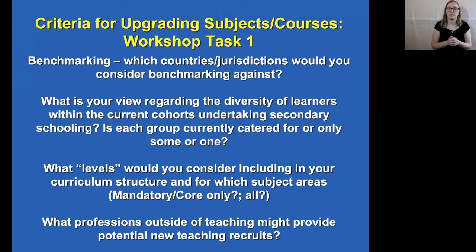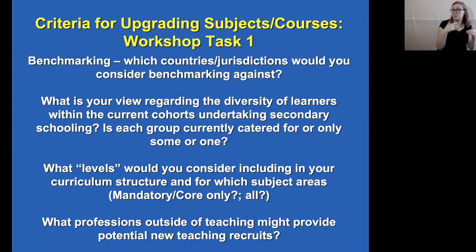What levels would you consider including in your current curriculum structure, and for which subject areas? We talked about mandatory and core earlier, or for all. So, for example, would it be possible to have a basic general music course and an advanced course? In mathematics, would you think it's appropriate to have 3 different levels?